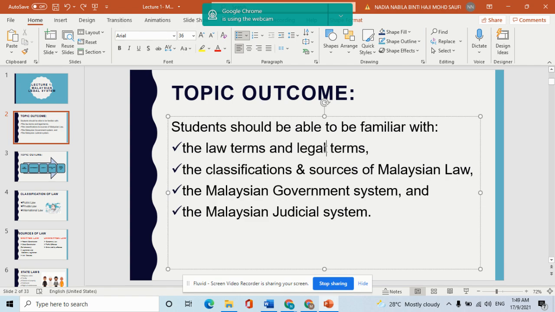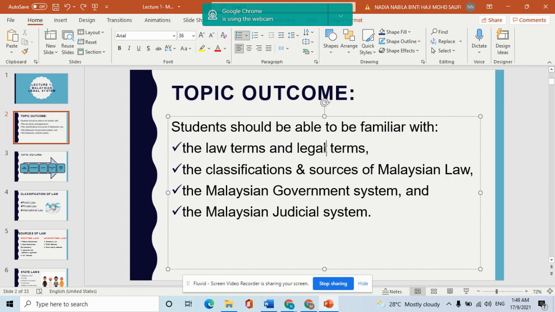As an example, our penal code is basically a replication of the Indian penal code. Why is it being used here in Malaysia? Why is it suitable? And how is it that we replicate India as opposed to other countries? So here you will need to understand the classification and the sources, or the history, of Malaysian law.